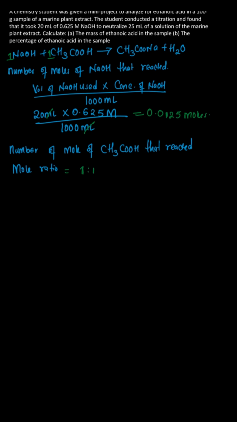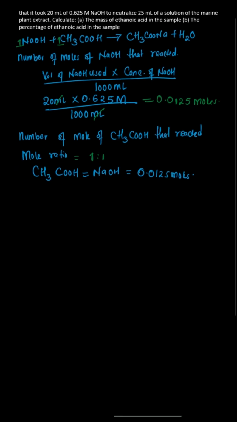Therefore, the number of moles of sodium hydroxide reacted with an equal number of moles of ethanoic acid. This means that the number of moles of ethanoic acid, CH3COOH, is equal to the number of moles of sodium hydroxide, which is equal to 0.0125 moles.